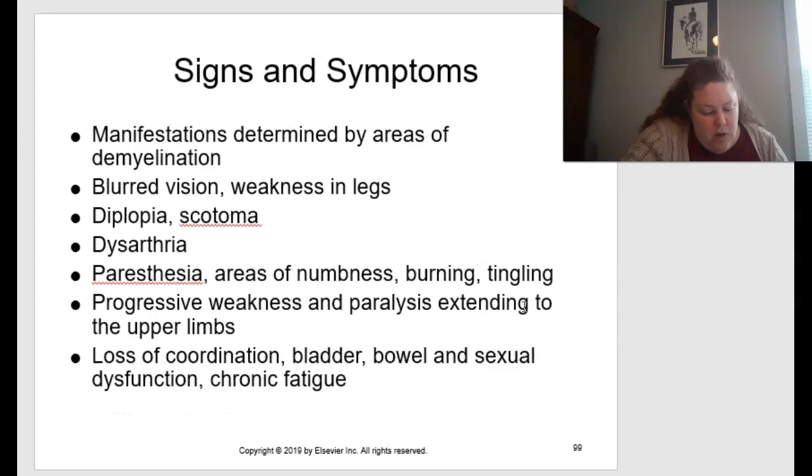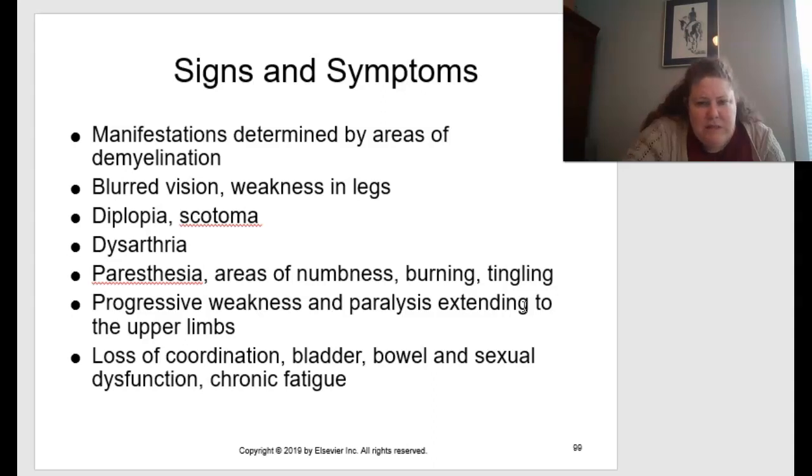Okay. So basically, under signs and symptoms, we have manifestations, or how it occurs. It's determined by areas of demyelination. It can cause blurred vision as well as weakness in the legs. It can cause diplopia, which is double vision. It can cause scotoma, which is a spot in the visual field, or it can cause dysarthria, which is poor articulation.